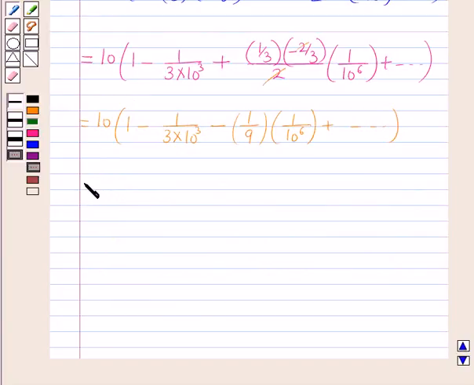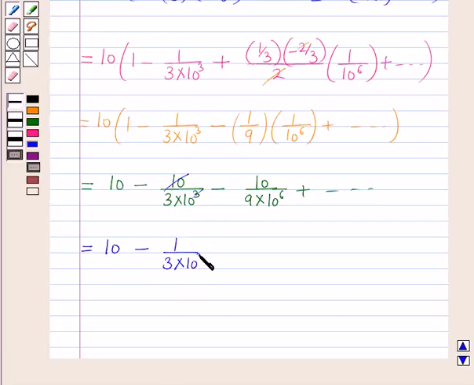Further, multiplying 10 inside, it will be 10 minus 10/(3·10^3) minus 10/(9·10^6) plus so on. Now this will be equal to 10 minus, 10 will be cancelled with 10 here, so it will be 1/(3·10^2) minus, again 10 will be cancelled with one 10 here, so it will be 1/(9·10^5) plus so on.